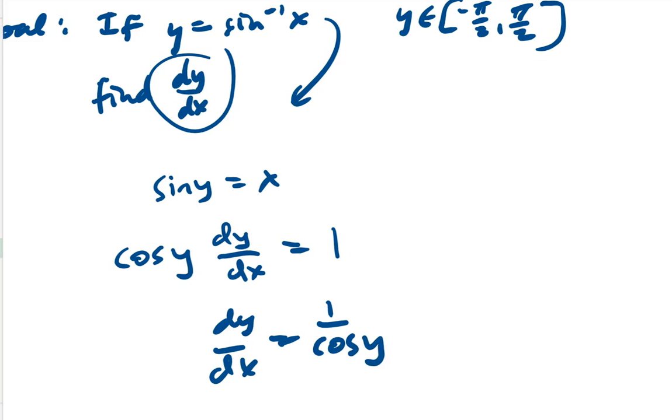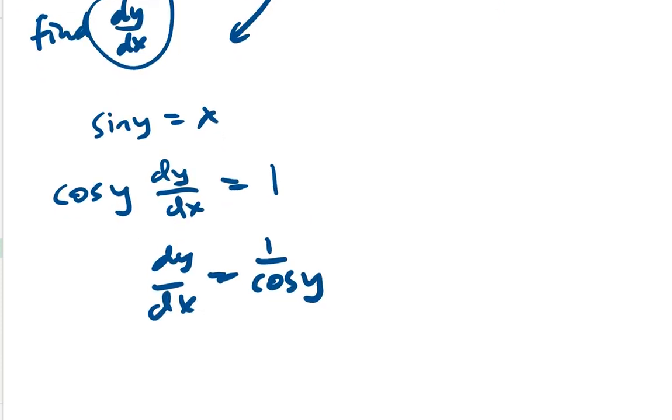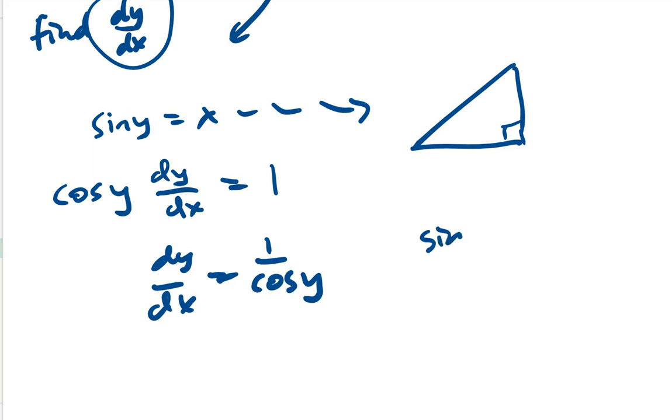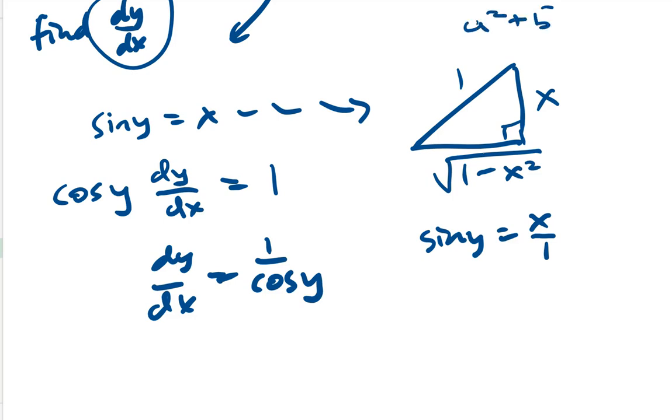So I want to go back to the very beginning here. Sine of y equals x, well, that's a triangle. Sine of y is equal to x, well, that's x over 1. So sine is opposite over hypotenuse. So when you do the Pythagorean theorem, this side becomes the square root of 1 minus x squared. Convince yourself of that. Just use a squared plus b squared is c squared.